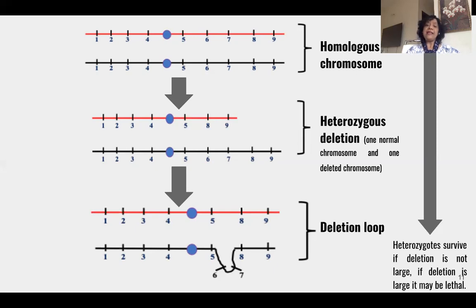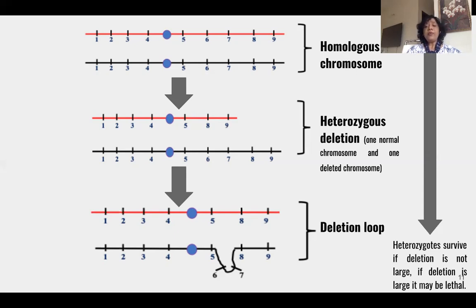So you can see that it is shorter in size. Why is it short? Because it has lost an intercalary segment carrying the genes 6 and 7. The second chromosome of the pair, you can see, is normal. It has all the genes and the centromere is intact.